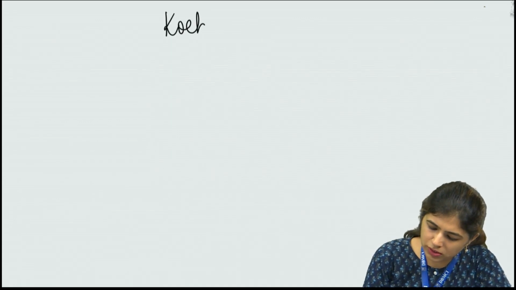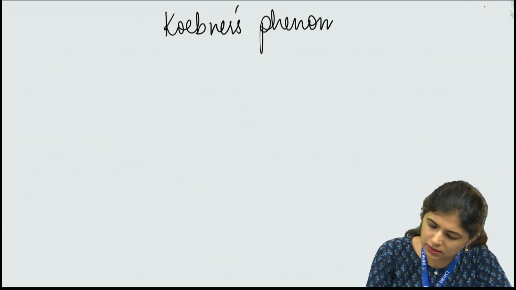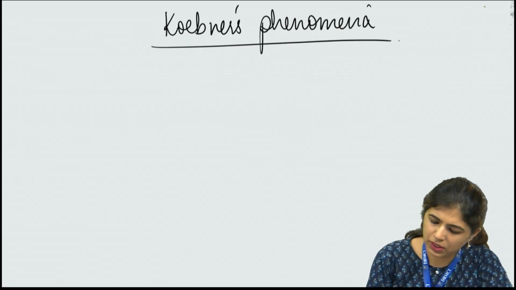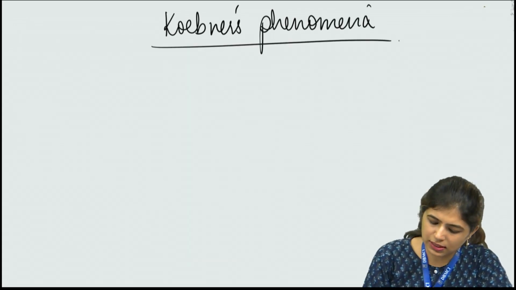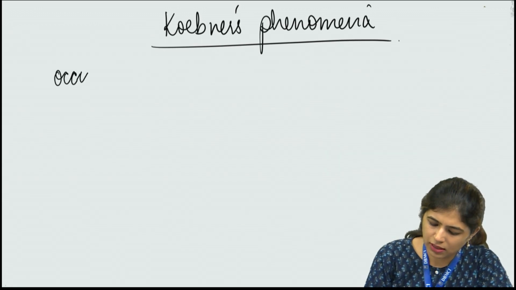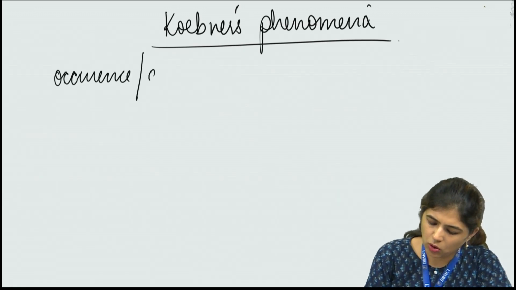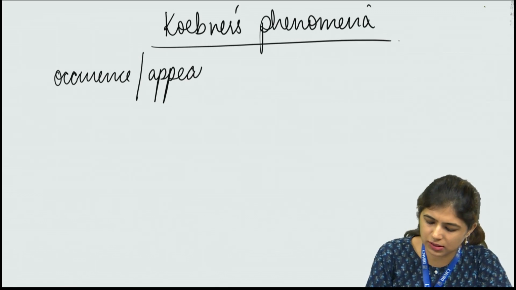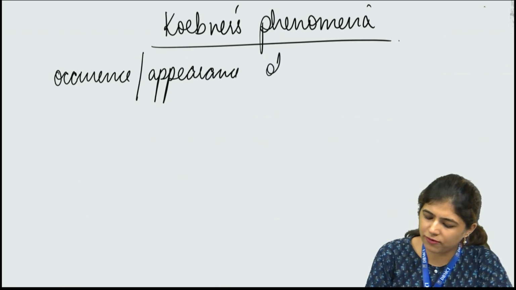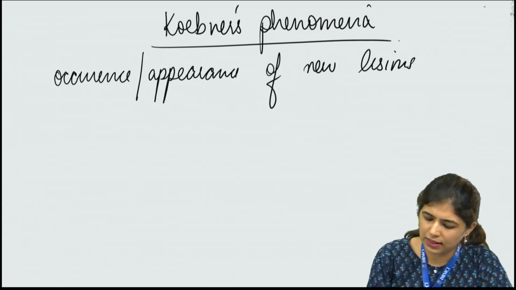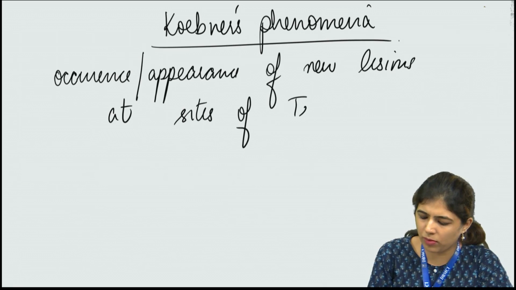Let's go through this phenomena. This is your Koebner's phenomena. What is this? This is actually occurrence or appearance of new lesions at sites of trauma.